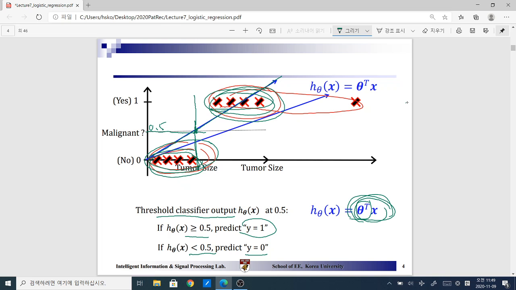And these samples, which turn out to be, as you can see, greater than 0.5, the label should be predicted as being yes, or having tumor, or malignant.